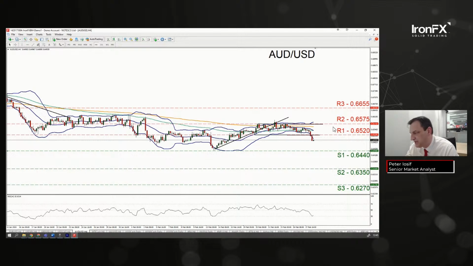And we may see the price action starting to aim once again for the S1 0.6440. Should that be breached, it would be a confirmation of the downward motion, and I would expect an intensification of the bearish outlook.